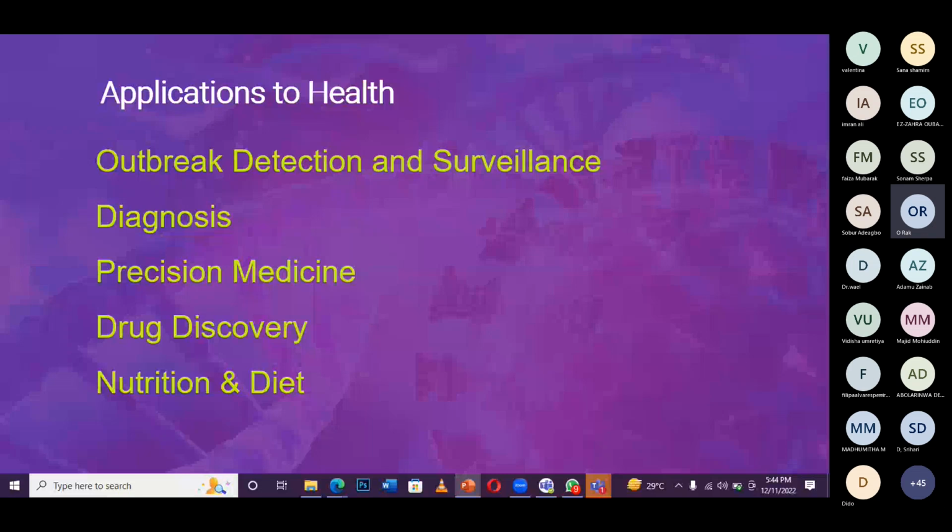And for you to do that, you have to be able to understand the genetic structure, the genetic composition of these pathogenic organisms that are causing food poisoning, or food decay in those specific foods that you're focusing on. So we have applications to agriculture.